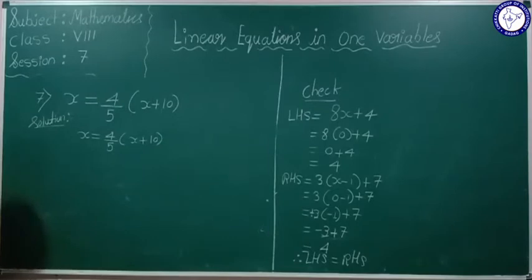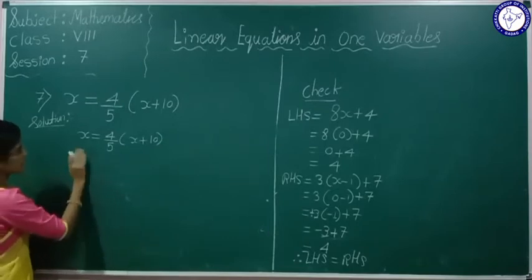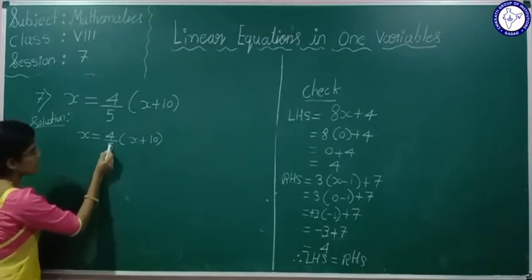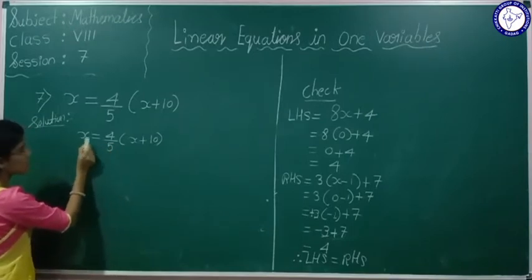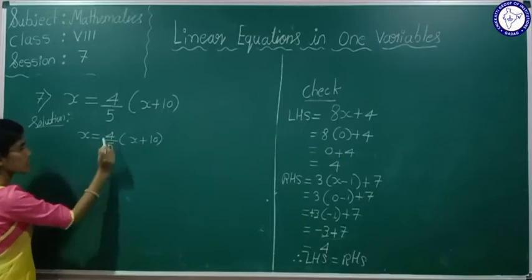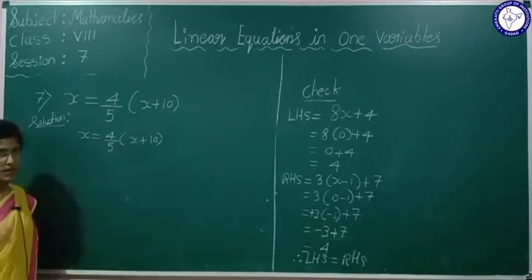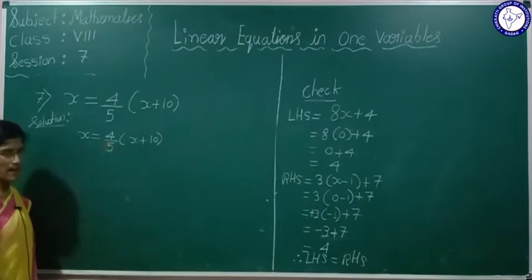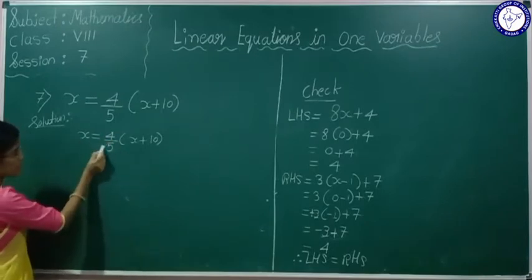Now see here, what we will do is, we will multiply both sides by 5, because we want to eliminate this 5 here.